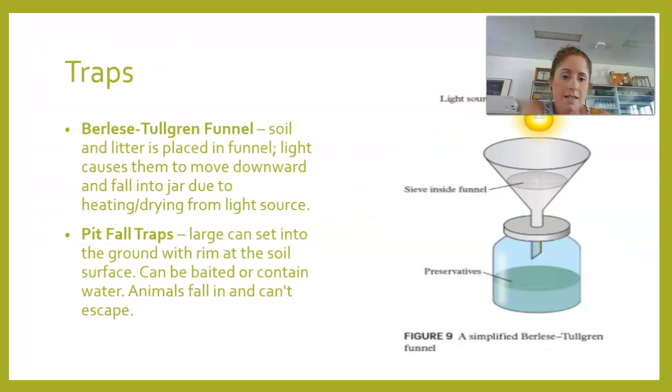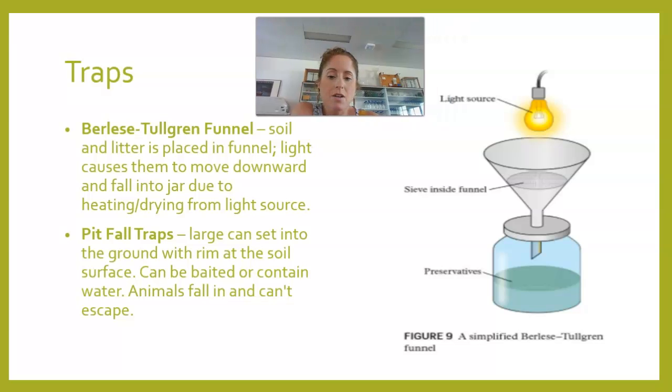Something to keep in mind is that when we're sampling species that are moving, we can't really just use a quadrat. If I'm just using a quadrat and trying to sample fish, there's going to be no fish in the quadrat because, well, they move. So there are different methods for capturing species.